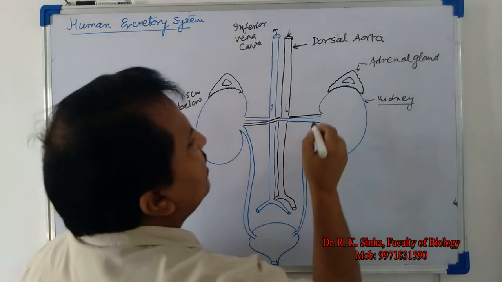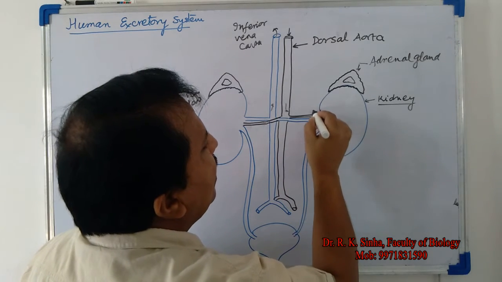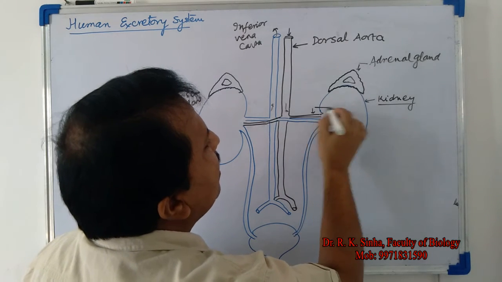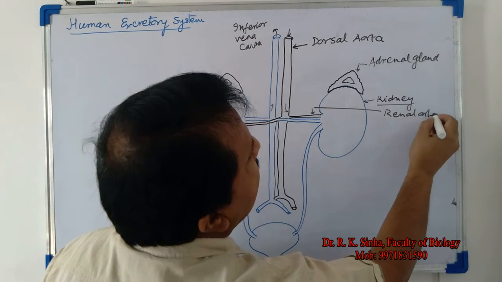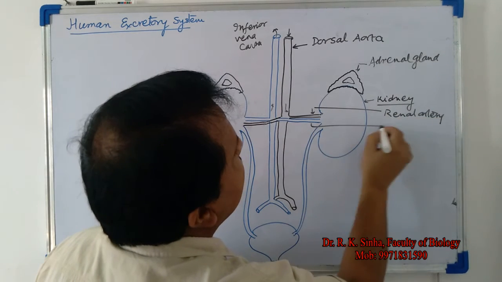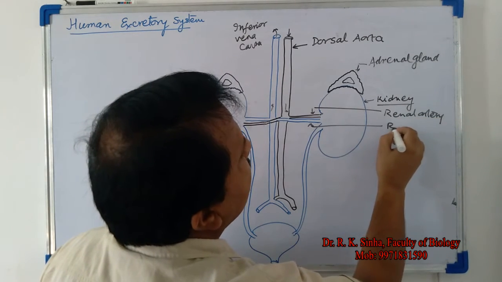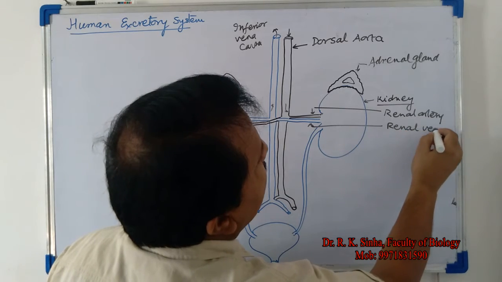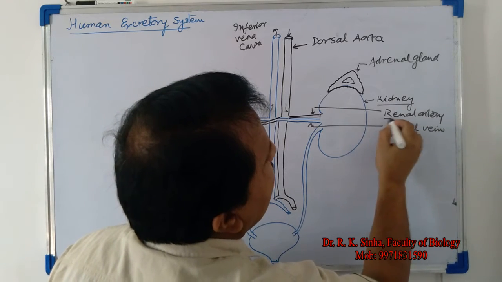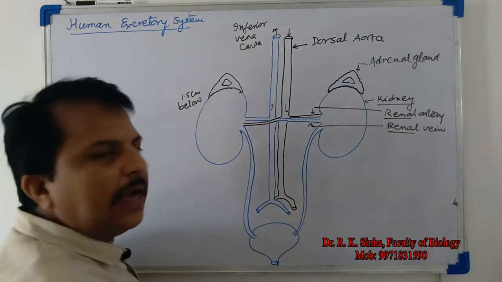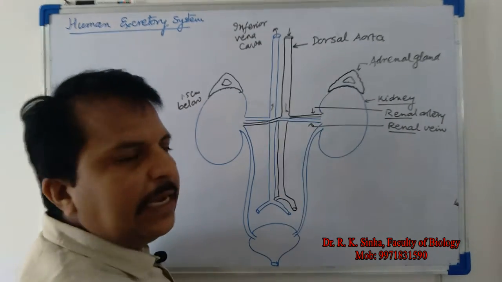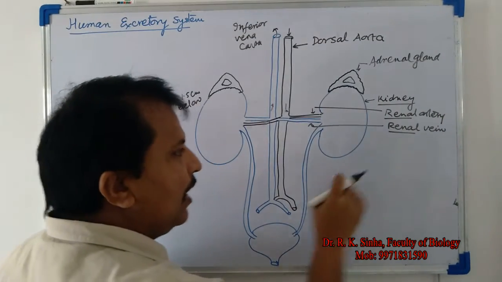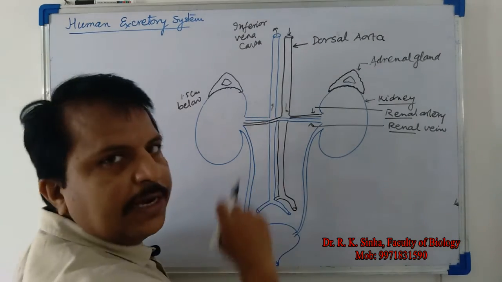This is the renal artery, and this is the renal vein. Renal means kidney; the artery brings blood from the heart to the kidney, and the renal vein takes blood away to the heart.